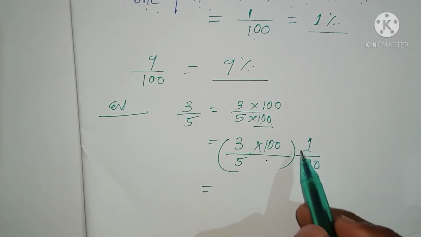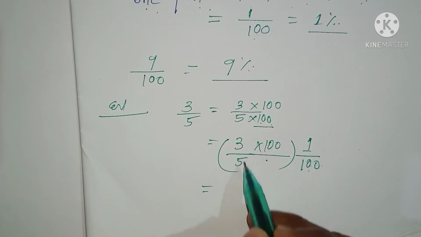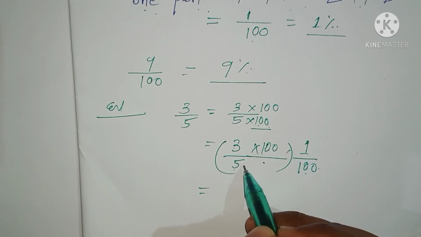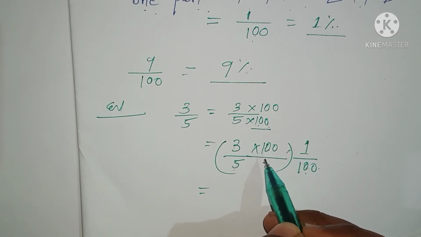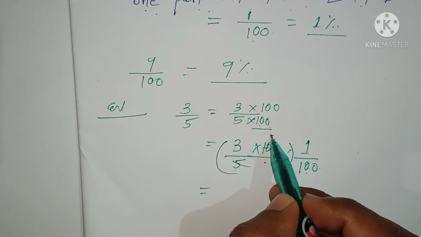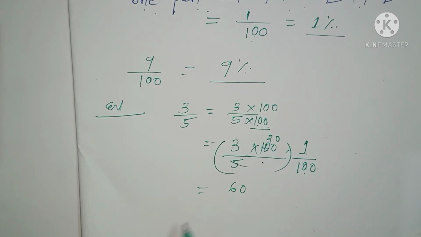So see, this 1 by 100 is percentage. Already we are clear that 1 by 100 is the percentage. Now here in 3 by 5 into 100, we can cancel the numbers. As much as is possible, you can cancel. So 5 2s are 10, and 5 0s are 0, then 3 2s are 6, means 60, and instead of 1 by 100 we can write percentage, that is 60%.